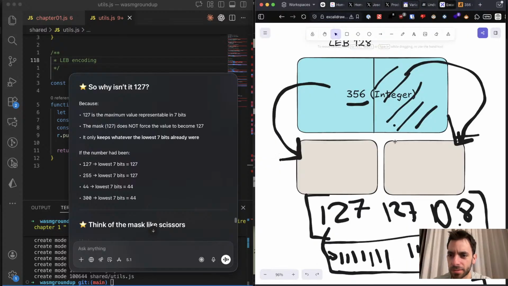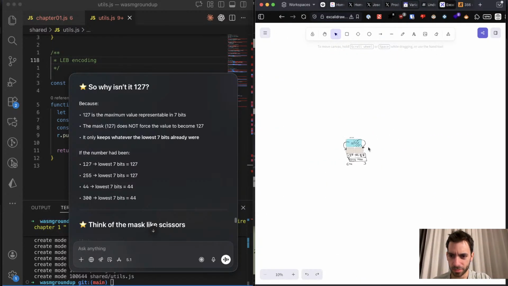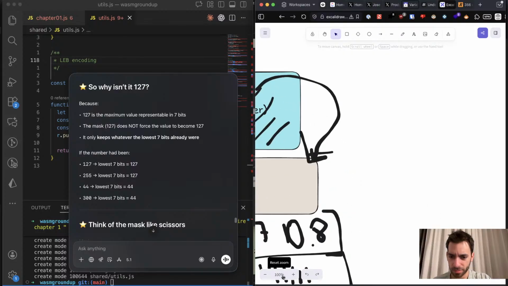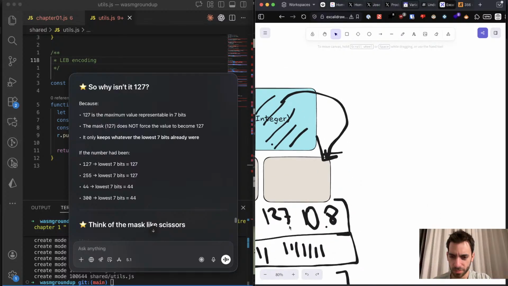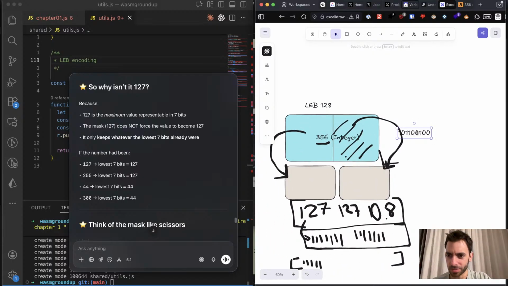Which means it's this one. So it says it's this one, right? And what we're trying to do is extract the first 7 bits, let me see it here. 1, 2, 3, 4, 5, 6, 7.